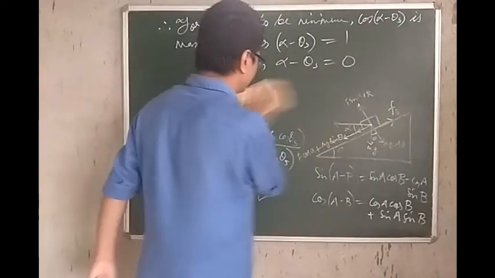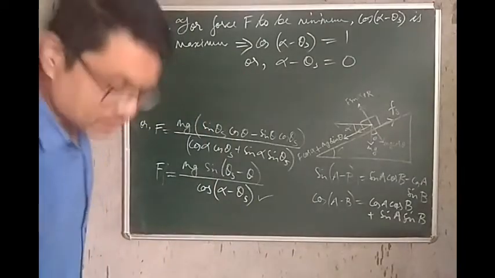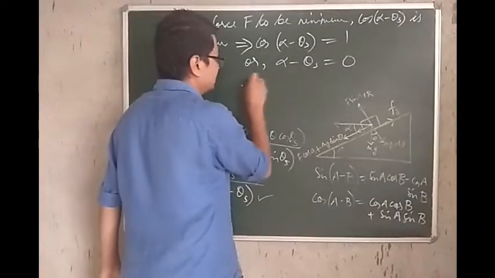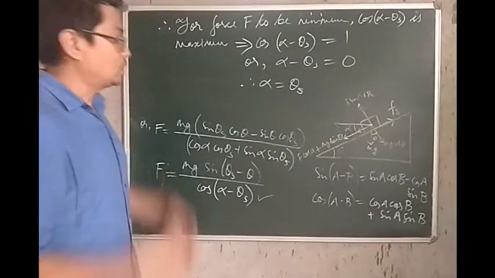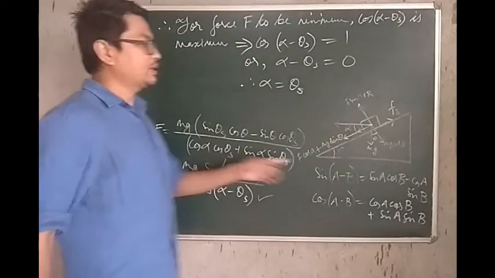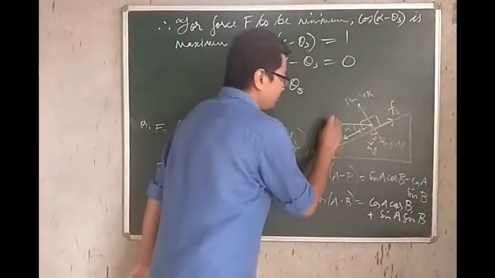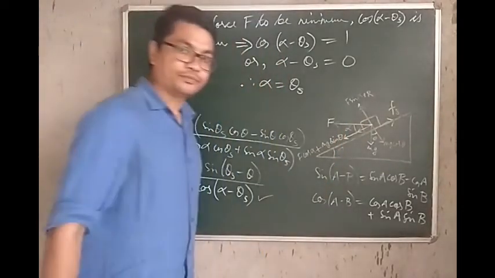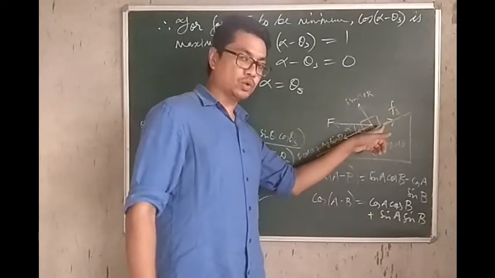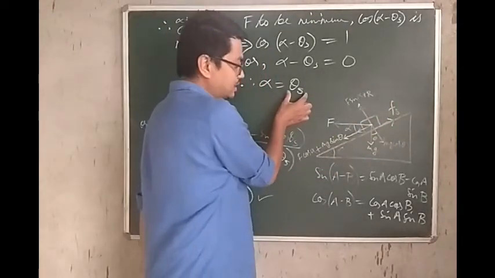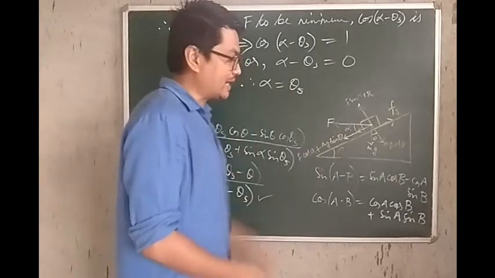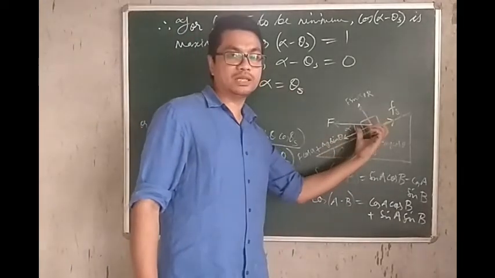So further, therefore, what can we conclude? We can conclude that α is θs. So what we therefore say is, the minimum value of force F, which will make the body move, has to be applied at an angle θs, at the value of the angle of friction for this particular system.